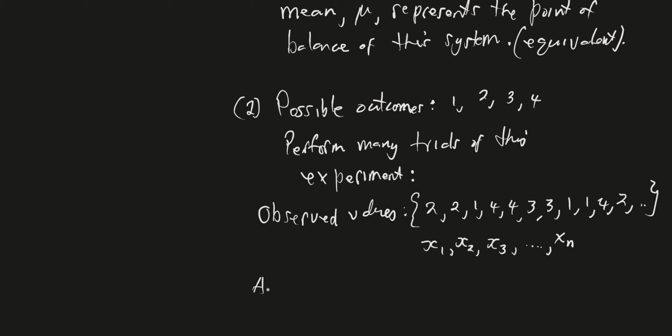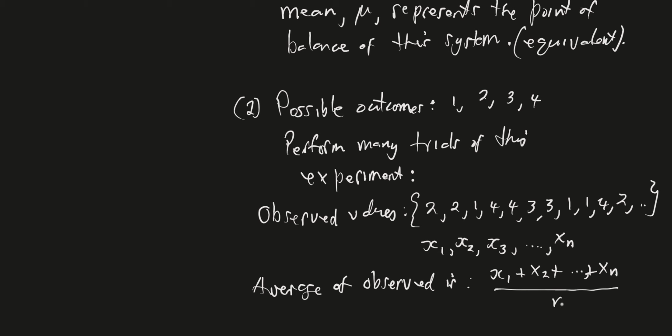So the average of the observed values is, well, we know how to compute an average. It's just arithmetic: you take the sum and divide by however many of them. So you'll have x1 plus x2 dot dot dot plus xn, all divided by n.